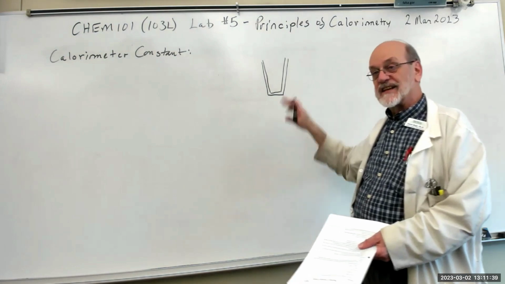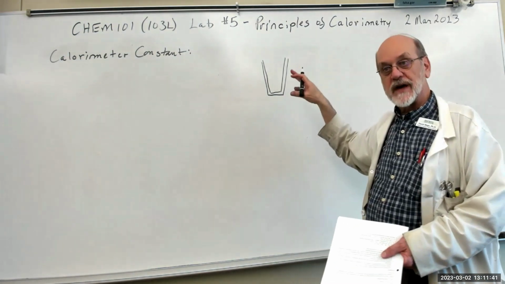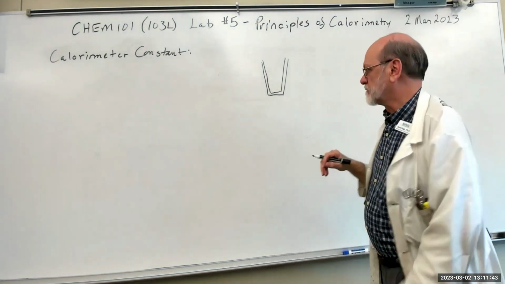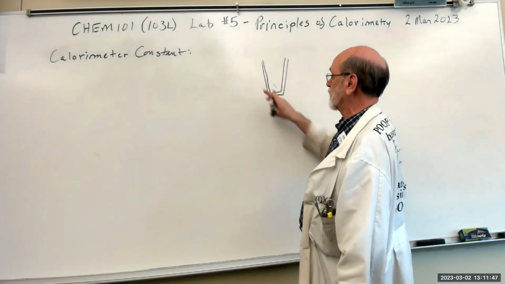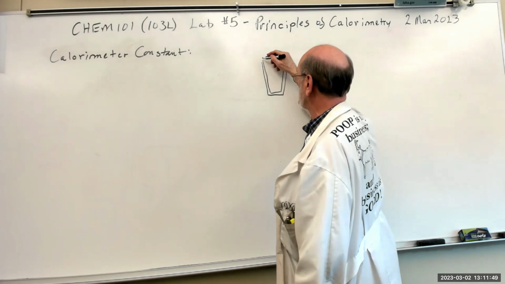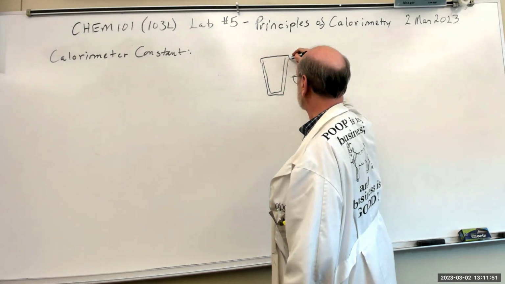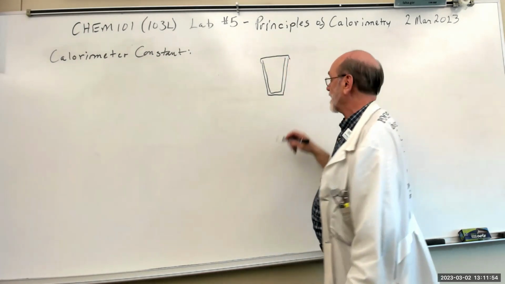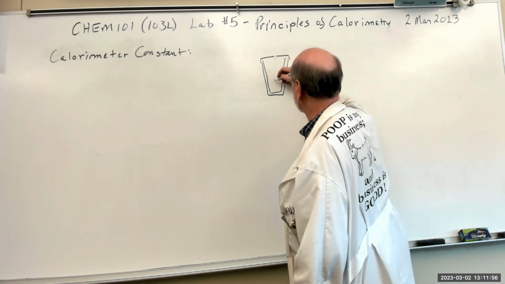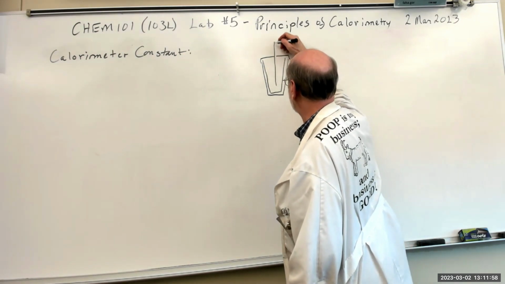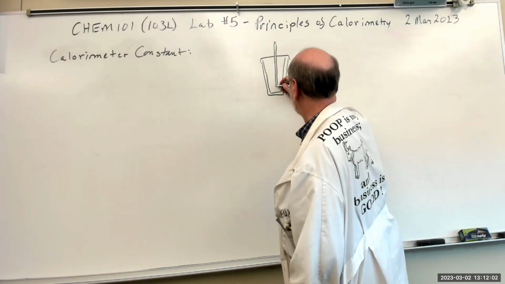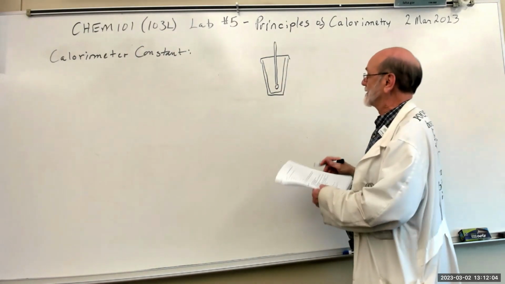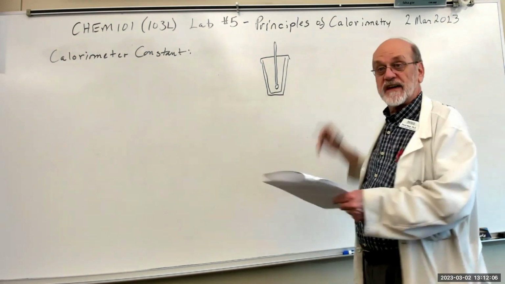That effectively isolates your system from the outside. The only real problem, this is not a problem for isolation, the problem that arises is in the lid and the thermometer. Okay. And that's the whole thing.